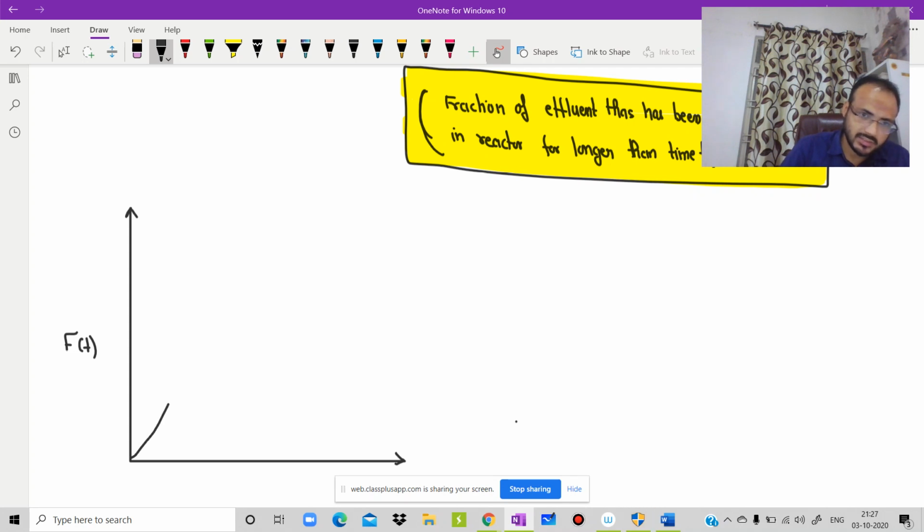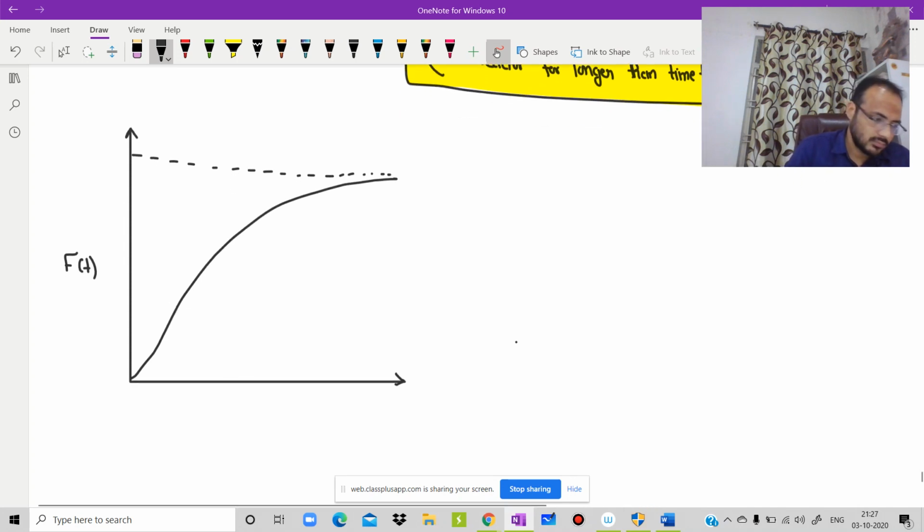Suppose you are getting a curve like this, and we have fraction 0, 0.2, 0.4, 0.6, 0.8.